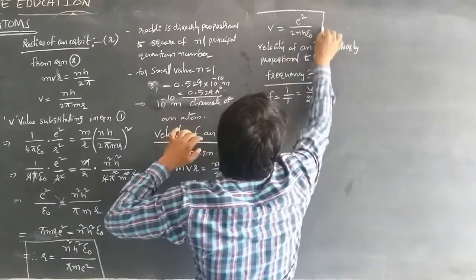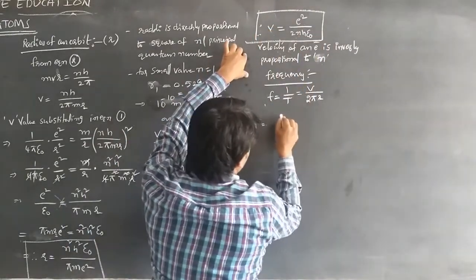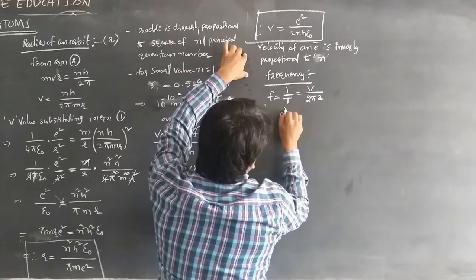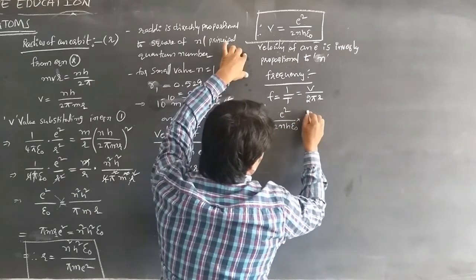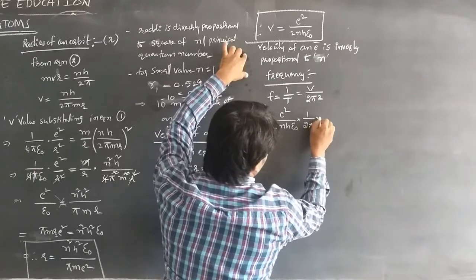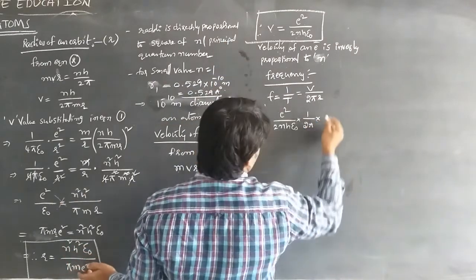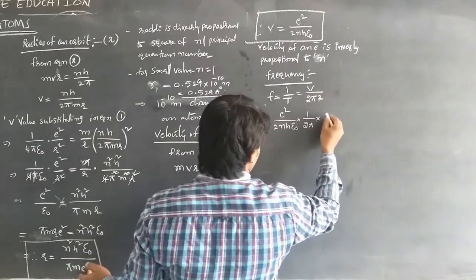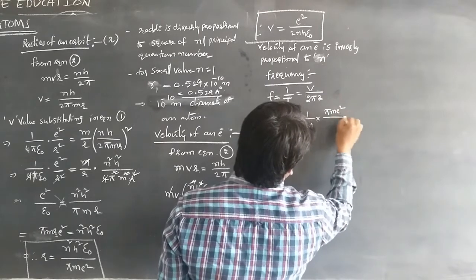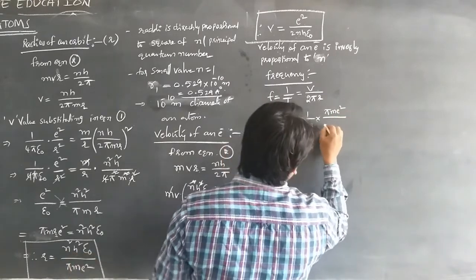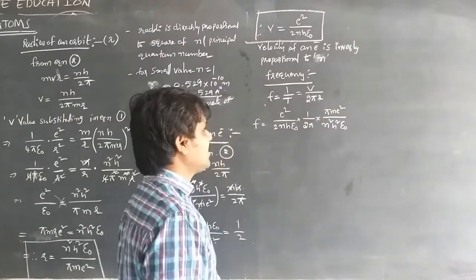That is V is equal to e square by 2 n h epsilon naught, into 1 by 2 pi, into the radius value, which will be n square h square epsilon naught by 5 m e square, that is r in the denominator. So we are writing that as 5 m e square by n square h square epsilon naught.